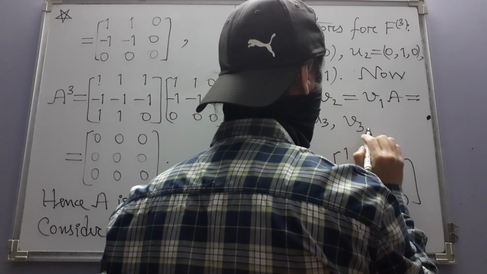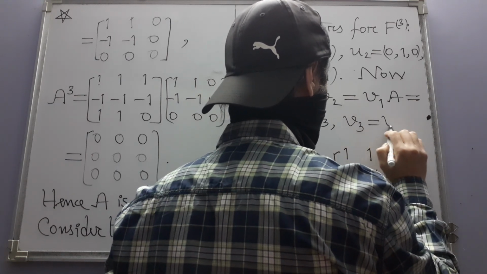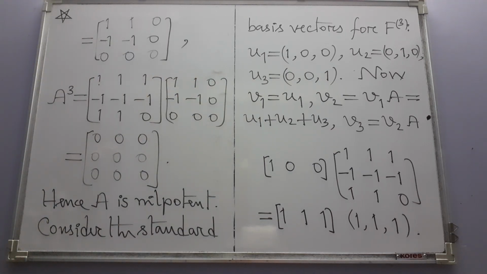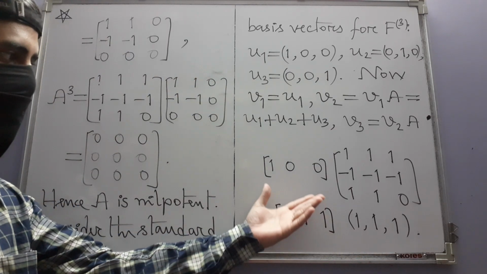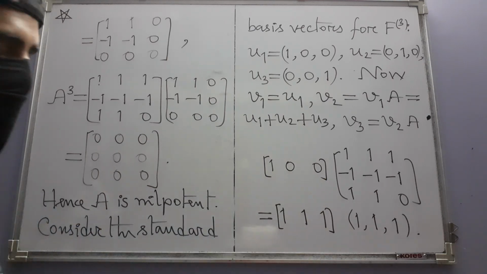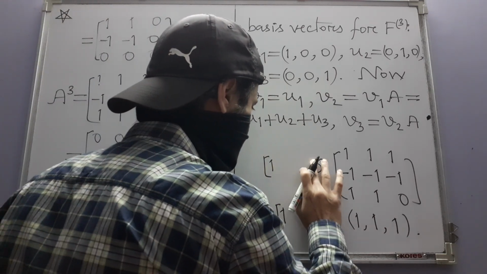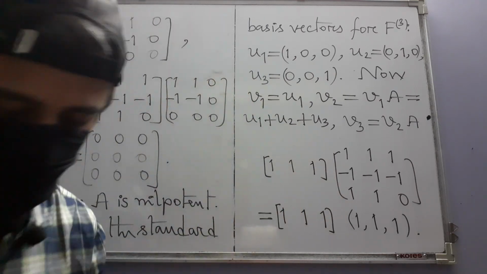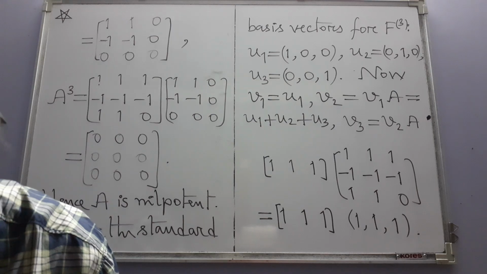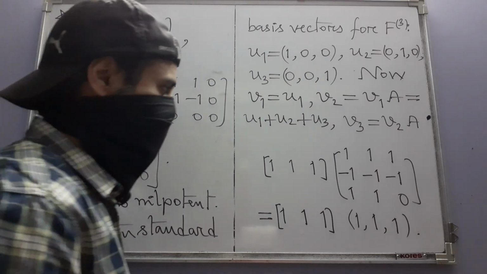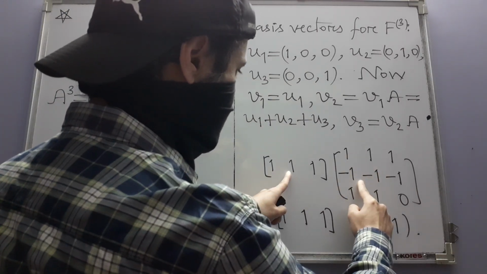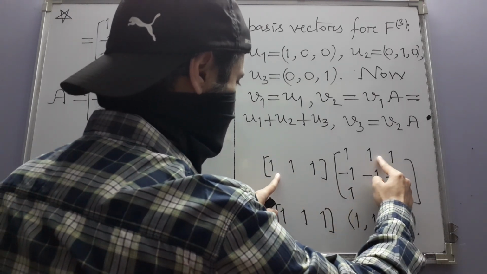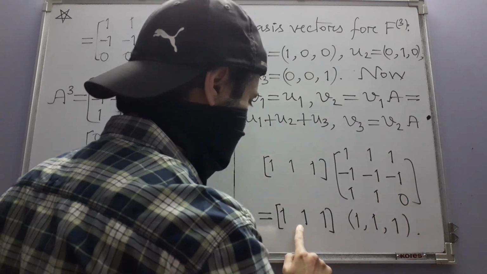And then another one, V3, this is V2A. Because we now already have V2, let's calculate V2A here itself. Just have to change this. Now what shall we get? One minus 1, so they vanish, plus 1, 1. 1 minus 1 plus 1, 1.